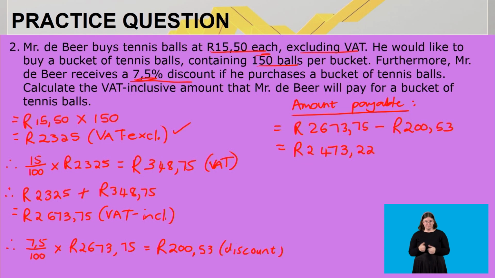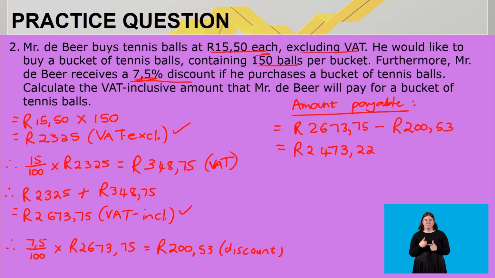My next step was to add the VAT exclusive amount to my VAT amount, meaning I took the 2,325 Rand plus the 348 Rand and 75 cents. So I ended up with a VAT inclusive amount of 2,673 Rand and 75 cents.